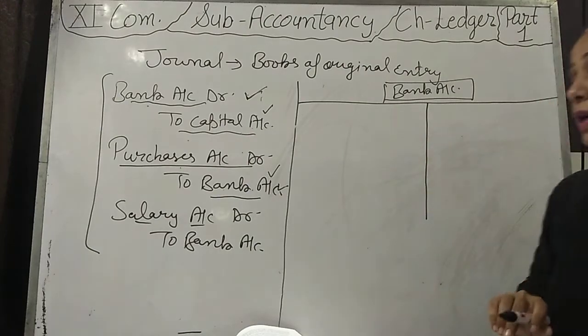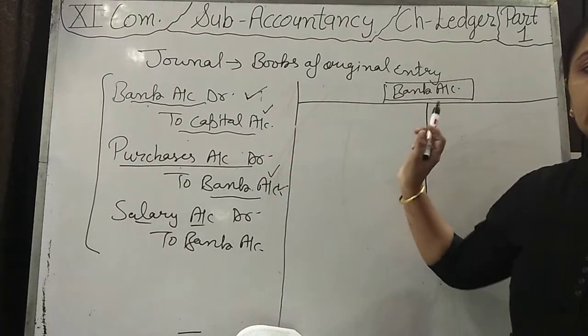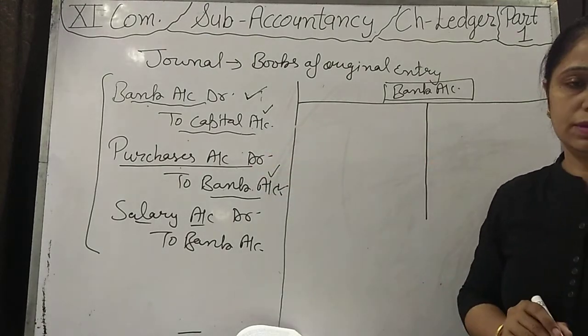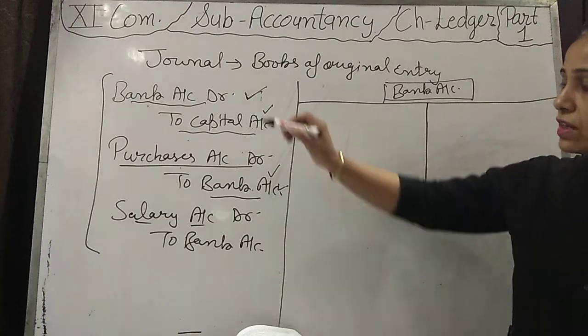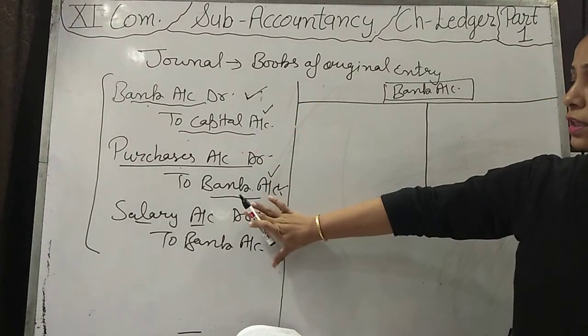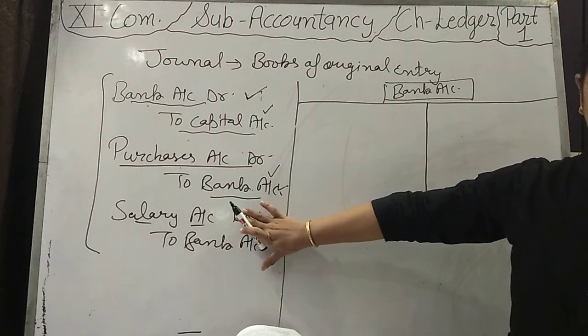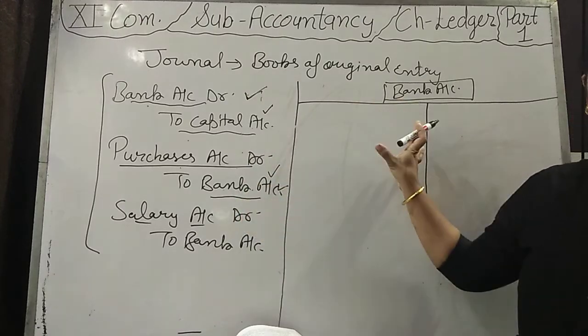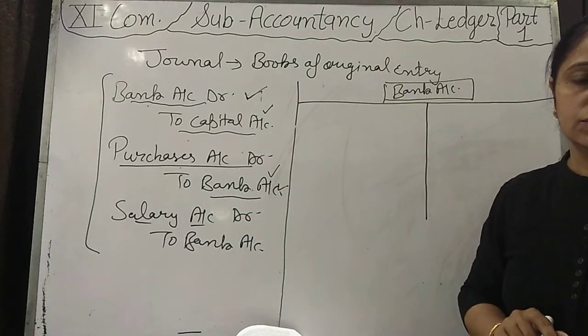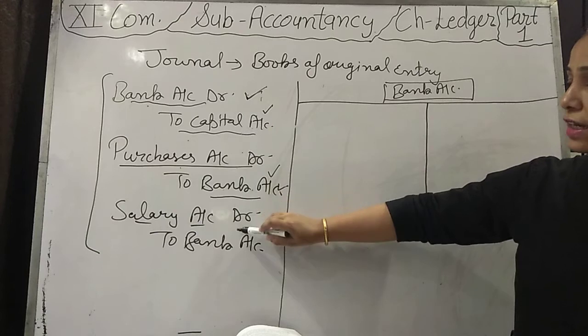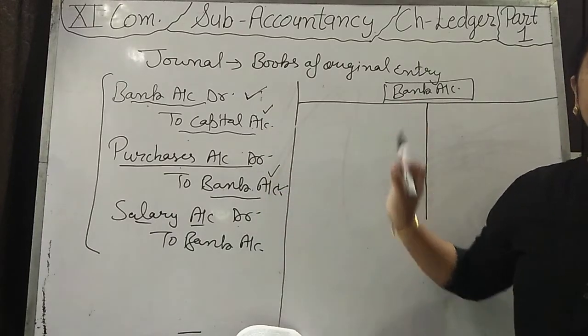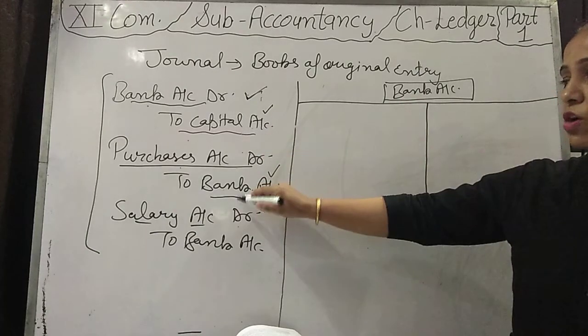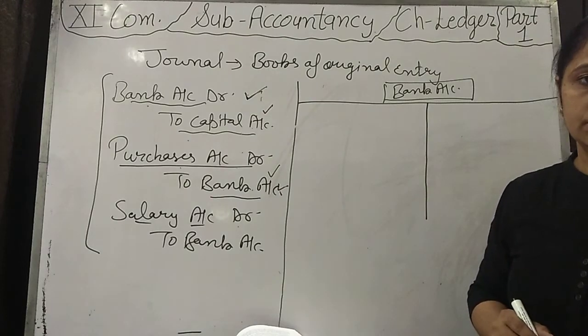And one thing keep in mind, without journal, ledger is not possible. So if any student has not done this chapter, journal, then he is not able to understand the ledger chapter. So first of all, if your journal entry is correct, then only ledger will be correct. If this is wrong, then ledger also will be wrong.